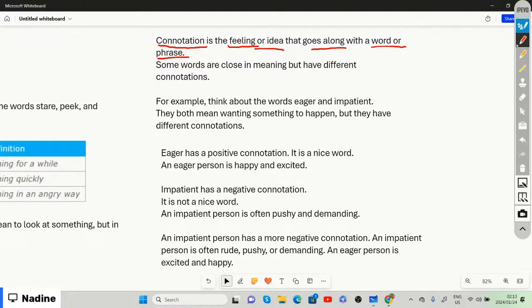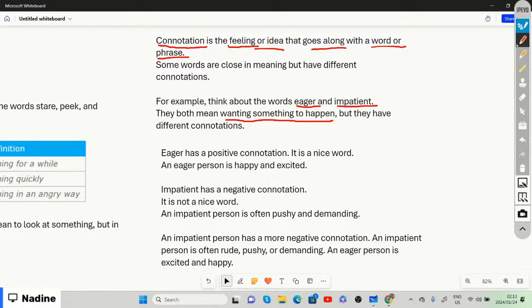So when it comes to connotation, if you look at an example, it says, think about the words eager and impatient. Both of these words, eager as well as impatient, mean wanting something to happen. So both of them mean that they want something to happen.